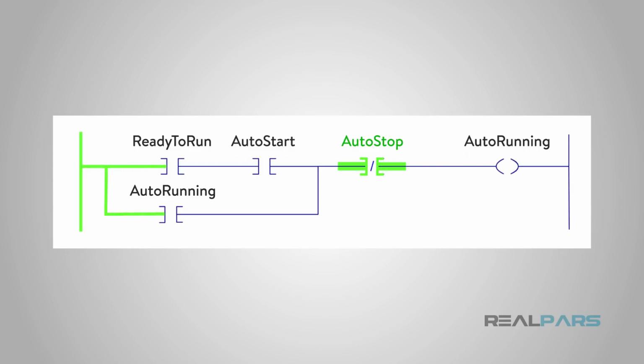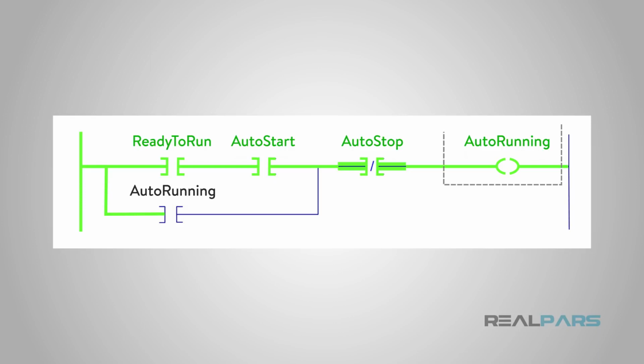Let's take that picture apart and look at the English with it. If the machine is ready to run, we have a contact called ready to run, and we push the auto start button, auto start contact, with the two contacts in series so that if both of them are on, then we energize the auto running coil.